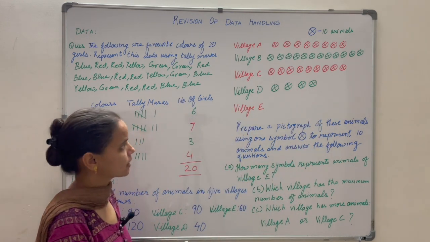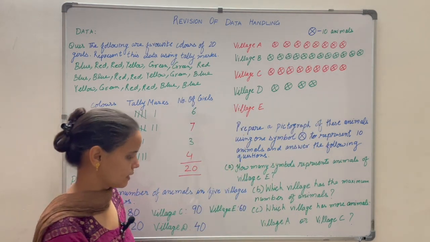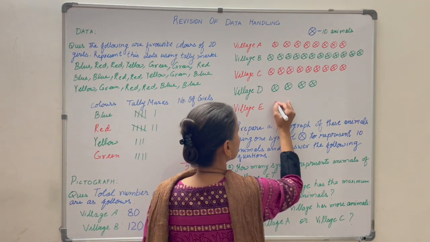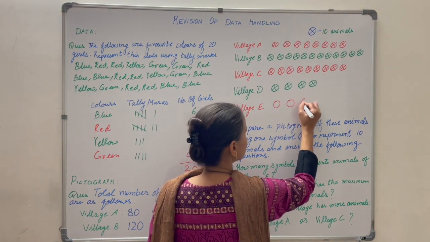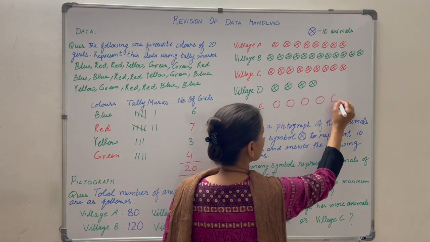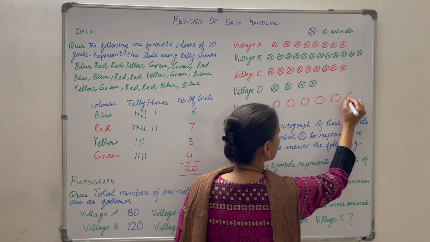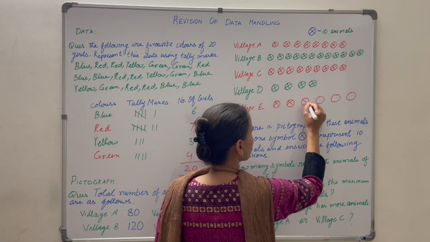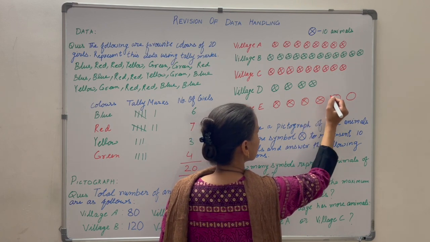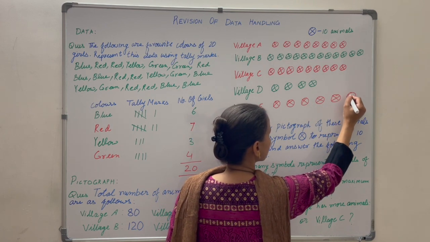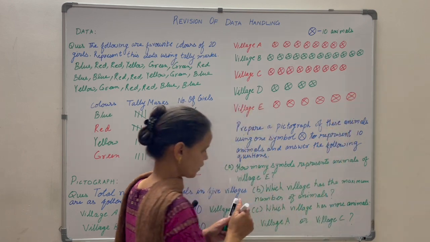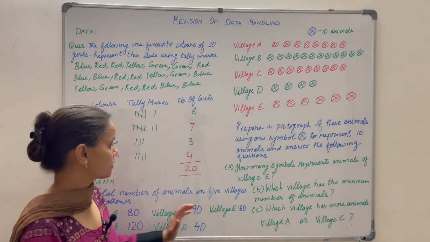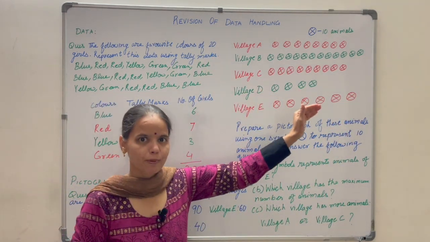Village E, 60. Means you have to make 6 symbols like that. So you have represented this information in the form of pictograph.